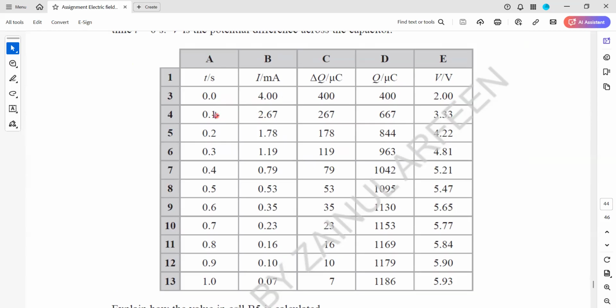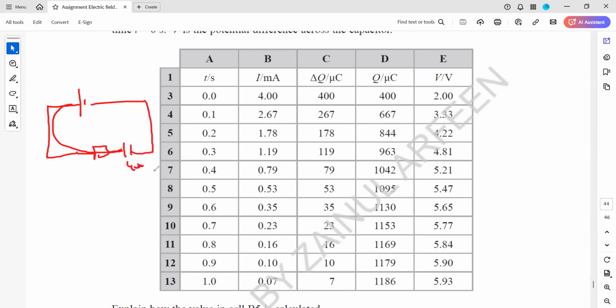Then after 0.1 second, the change in the charge was 267. So this is a supply. We close the switch. We have a resistor and we have a capacitor. So first the charge will enter. How much charge enters? 400.